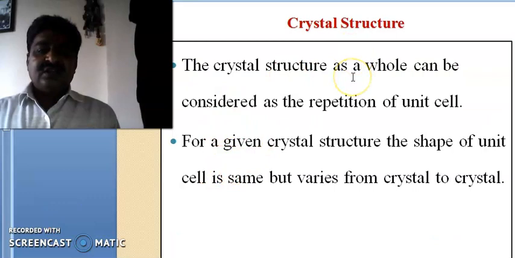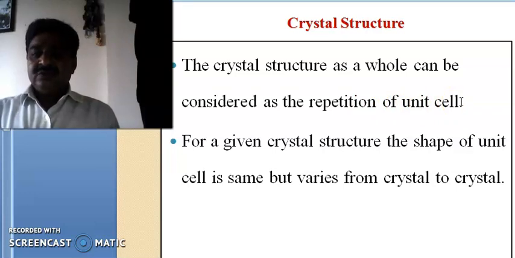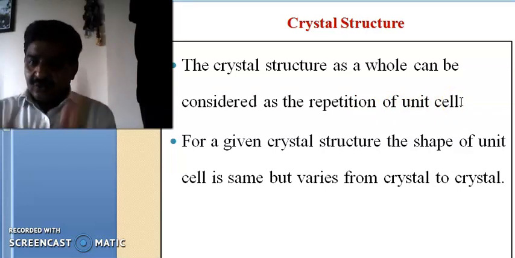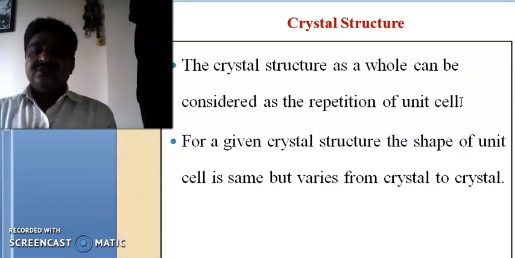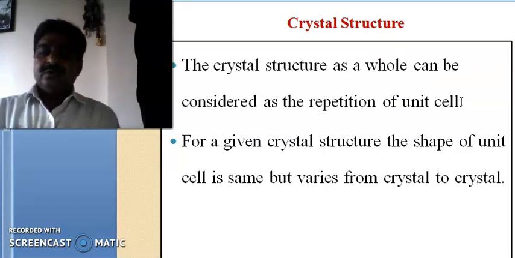The crystal structure as a whole can be considered as a repetition of the unit cell. A chalk is made up of atoms.